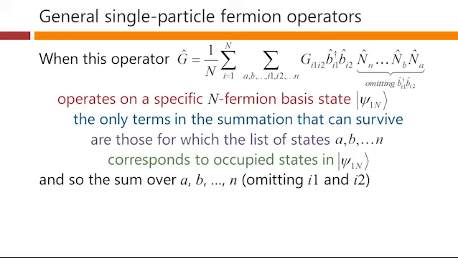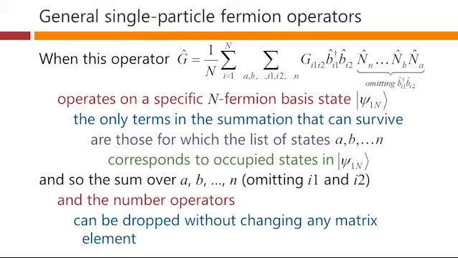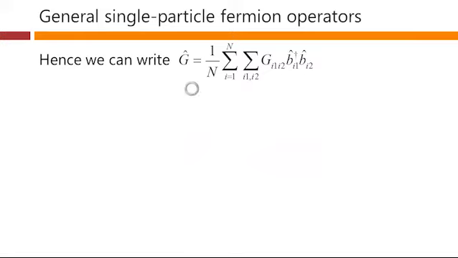And so the sum over a and b and so on, all the way up to n, omitting both I1 and I2 out of that list, and the number operators, can be dropped without changing any matrix element. Hence, we can write this simplified version. This operator is going to have the same matrix elements for any possible states as the previous one we had written down.